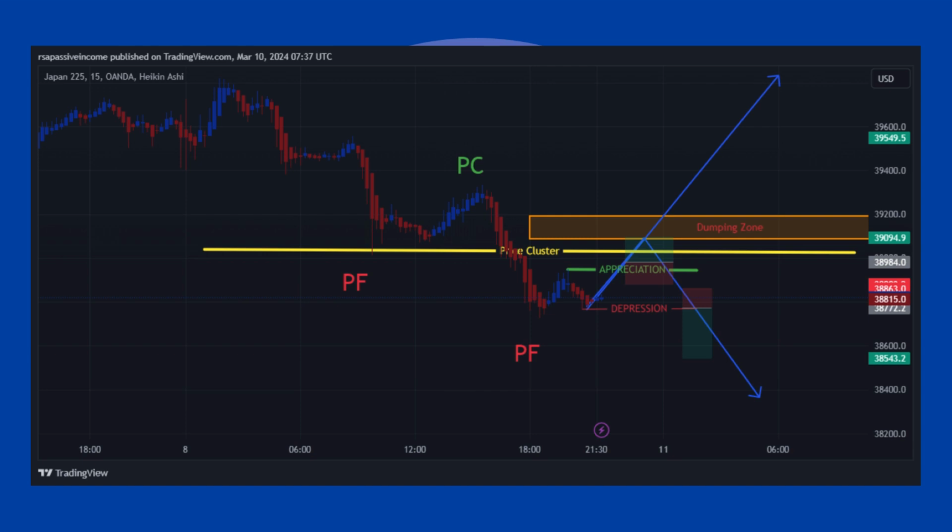We'll go up here to the dumping zone, which is also a key Fibonacci level, and continue the downward trend. All right, there's a possibility. Or the price from here can go up to the upside trend. It's possible also.